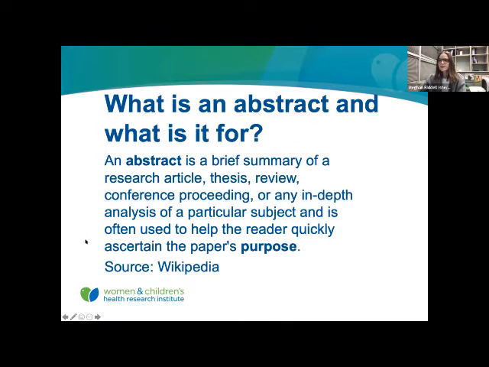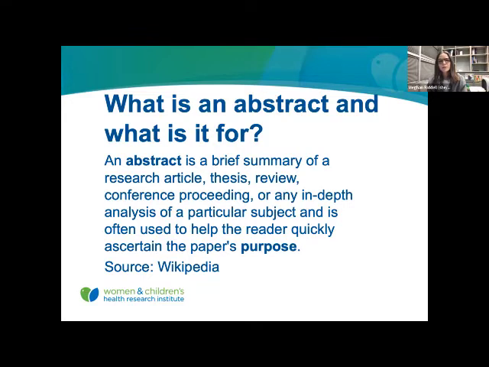Starting it off, what is an abstract and what is an abstract for? Ultimately, an abstract, and I took this straight from Wikipedia, is a brief summary of any complex scientific publication or research publication. Its purpose is to allow a reader and an audience to quickly understand what the purpose of the paper is, because as we all know, grant applications, publications, theses are very dense, very specific.